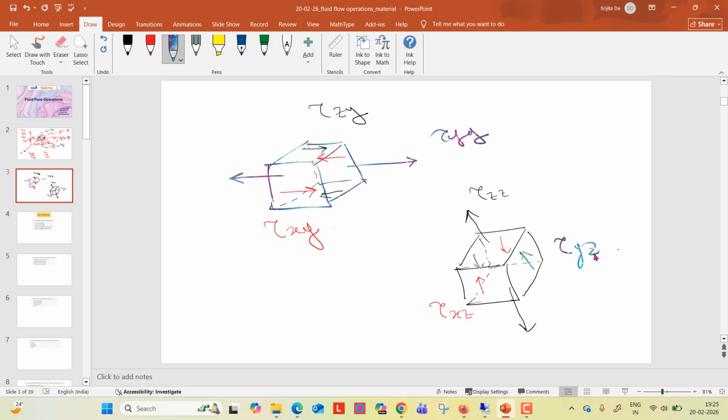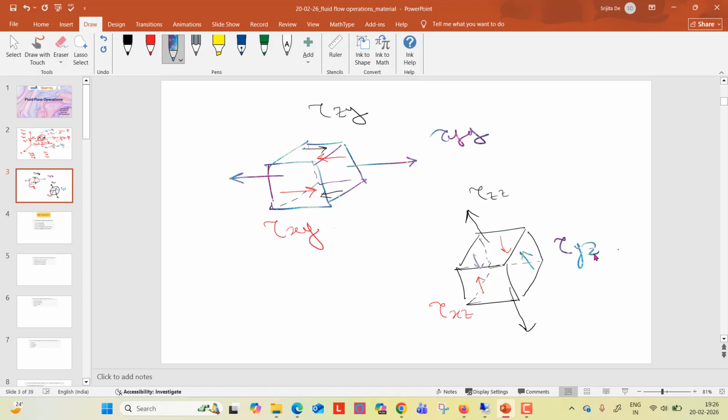Now coming to how the momentum balance or mass balance is completely changing into the Navier-Stokes equation. We call it Navier-Stokes equations because it contains the mass balance equation, momentum balance equations, and if required, the energy balance equations.